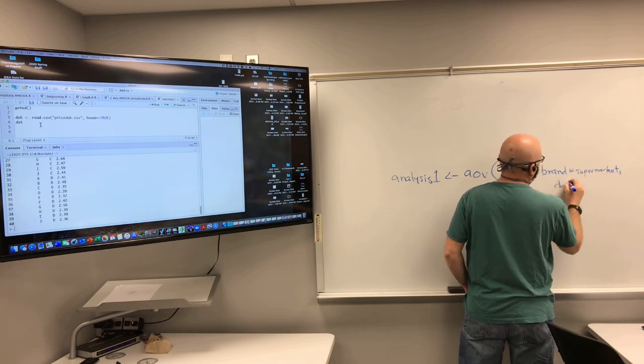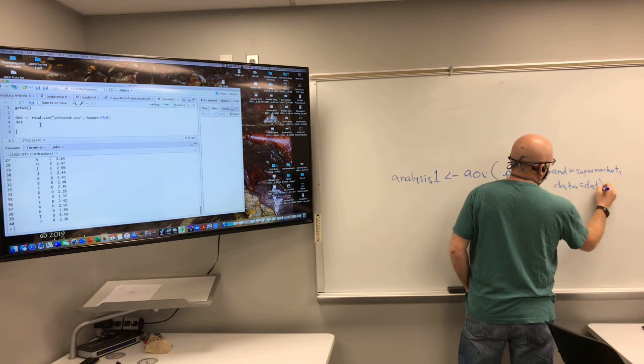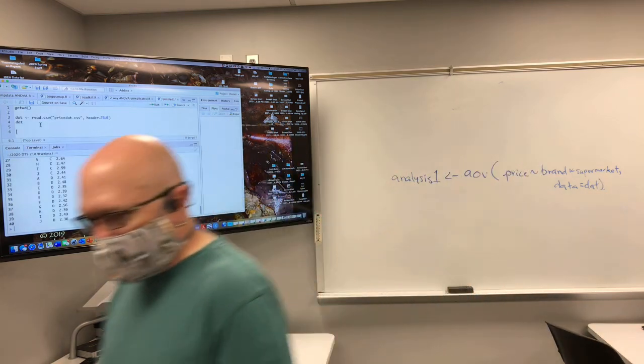And then we specify where the data are, in whatever data frame you saved it in. Okay, let's everybody try that.